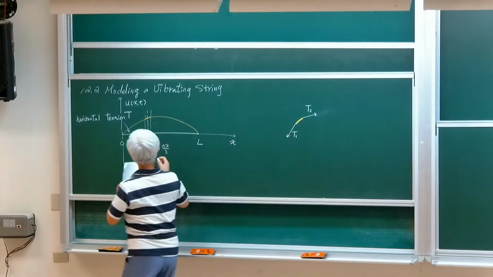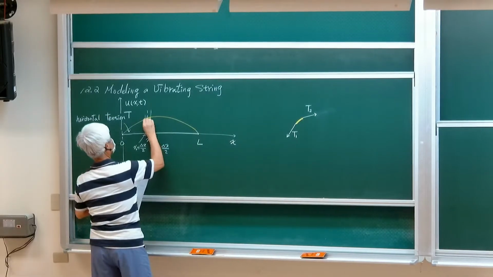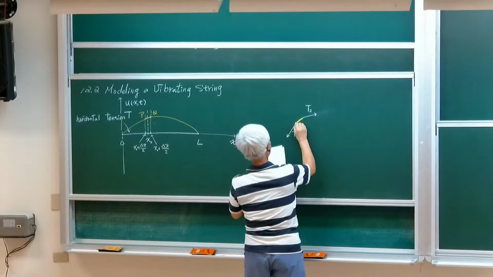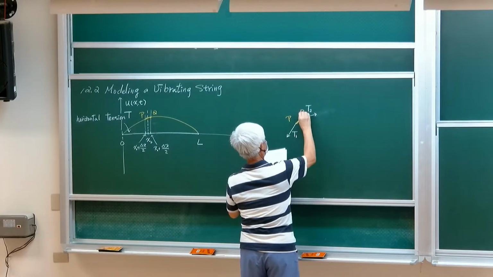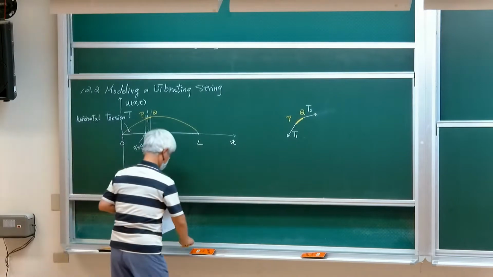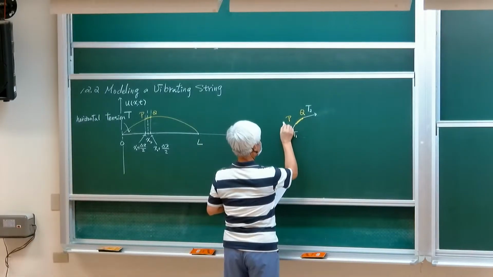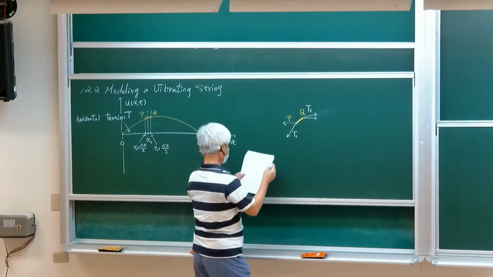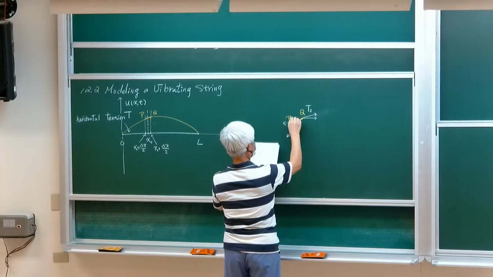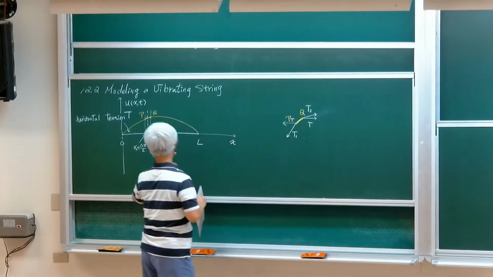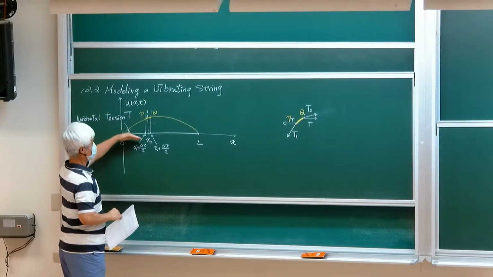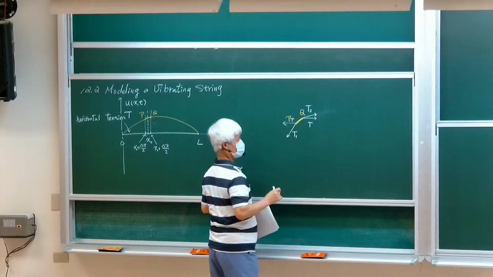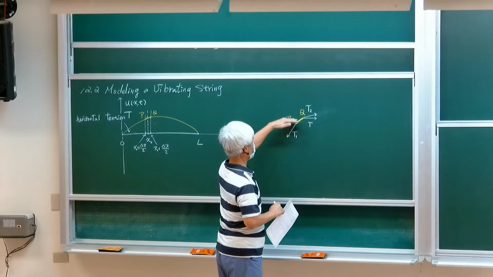We assume this point is P and this point is Q. Now, the magnitude of the horizontal tension is T. As we assume the horizontal tension is kept constant so that there is no horizontal movement, the tension forces should cancel each other.